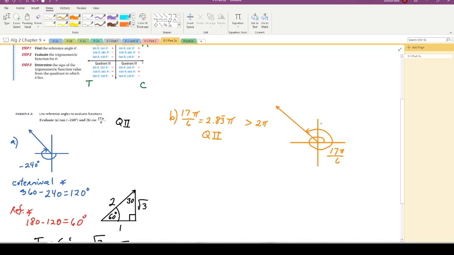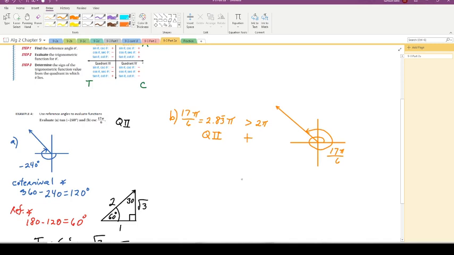Now, all students take calculus. The cosecant is the reciprocal of sine. The sine and cosecant are positive, so my answer is going to be positive.